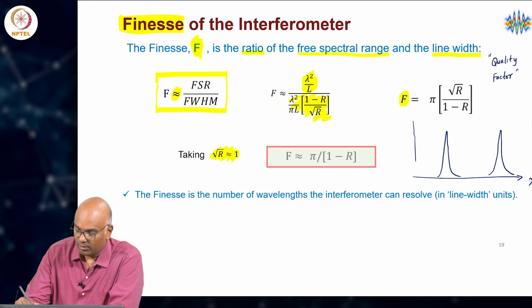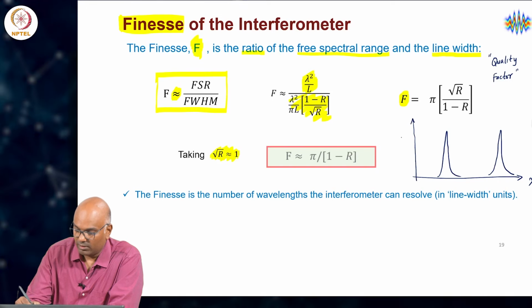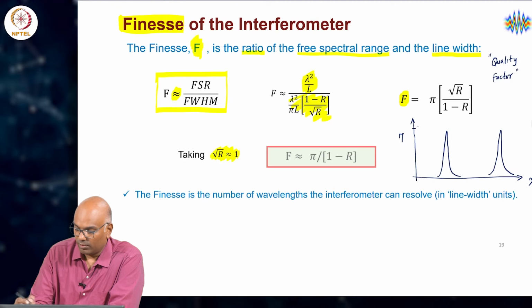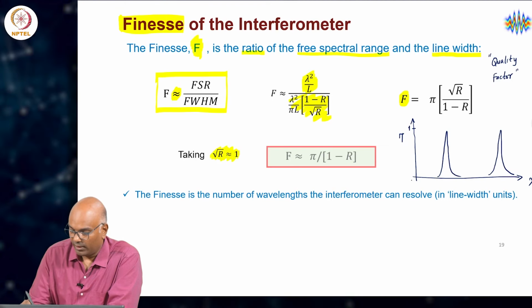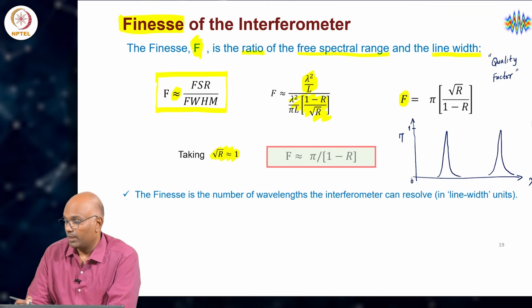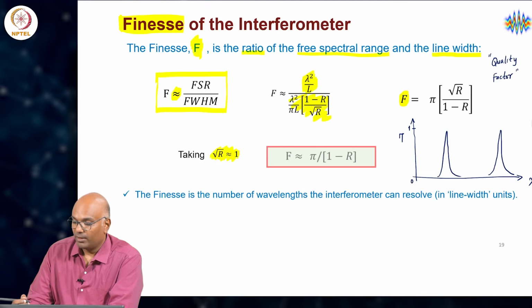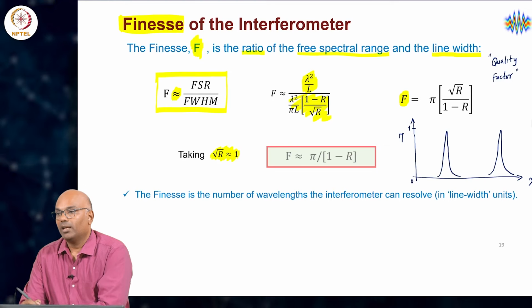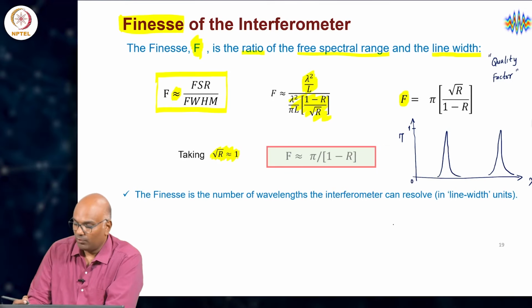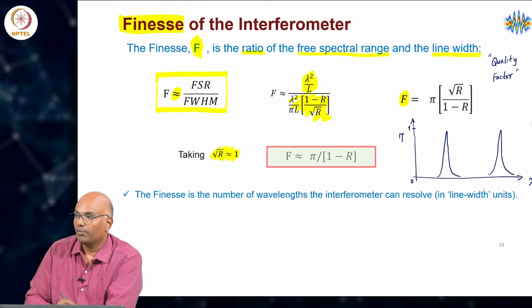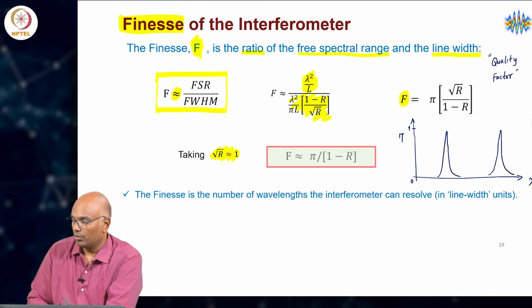Of course, the vertical scale is transmittance, and since we are in the ideal lossless world, the maximum transmittance is unity. Now, we said earlier that we can sweep the horizontal axis by tuning the wavelength of a source.